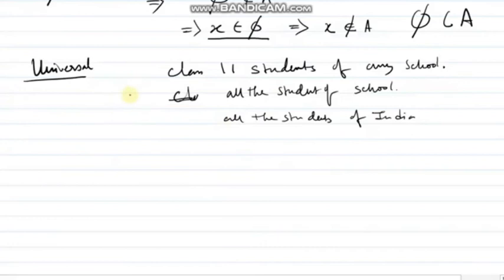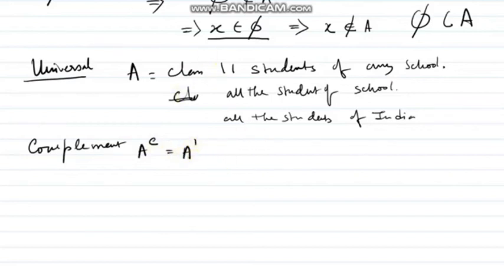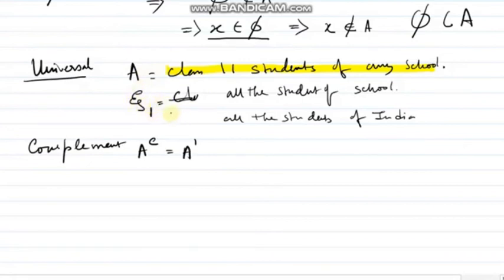and based on the universal set, suppose this is your set A, the complement of the set will be written like this, A to the power c or A dash. If my set is class 11 students of any school, and the first universal set I am taking is known as epsilon 1, and this is epsilon 2.